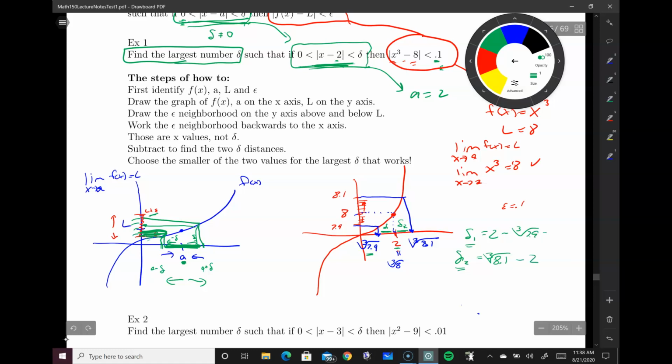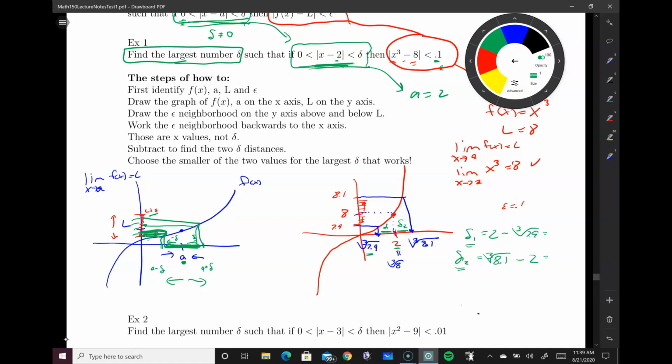Okay, so now it's my job to go figure out what those decimals are. You should know how to find the cube root, right? That's to the 1/3 power. So 2 minus, and I'm going to put parentheses, 7.9, parentheses to the 1/3 power.